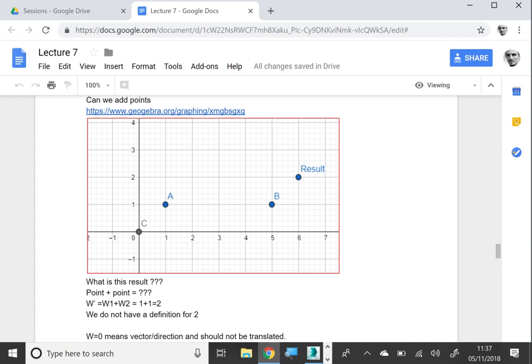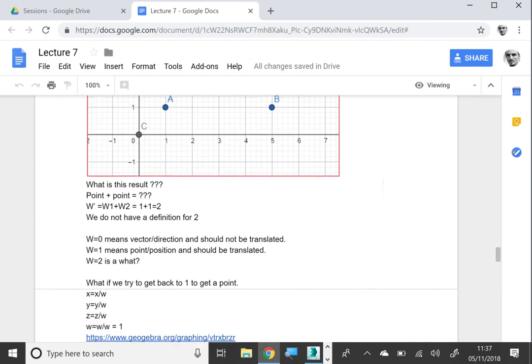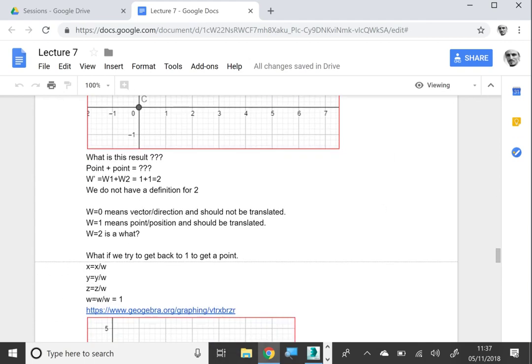We haven't defined what 2 is. So we have an anomaly. We have a weirdness. We know that 0 is a direction. We know 1 is a point. We have a 2. What is a 2?